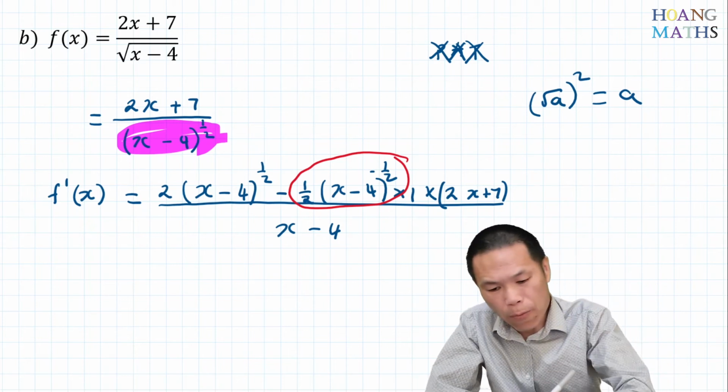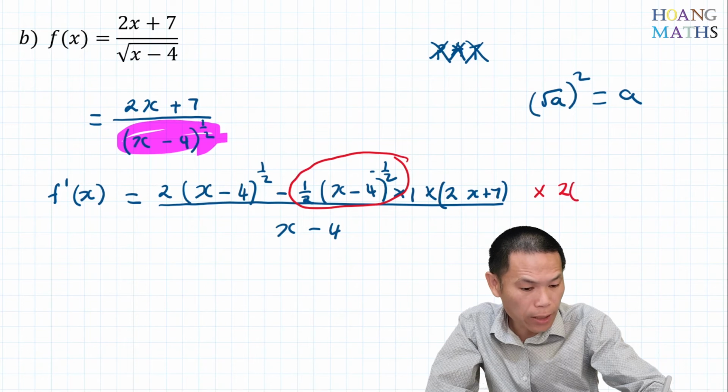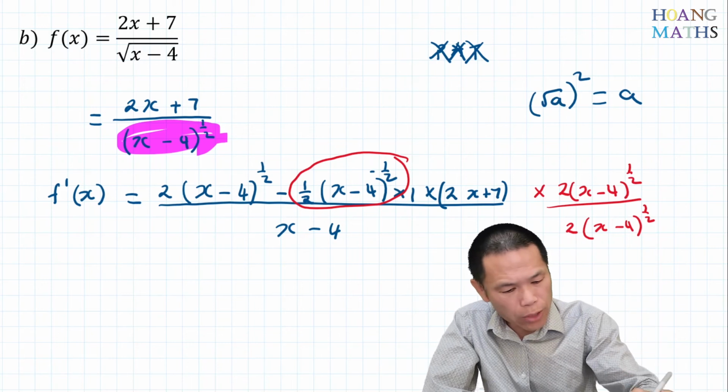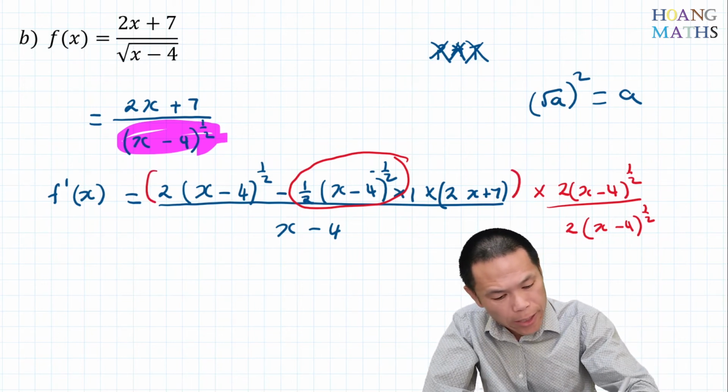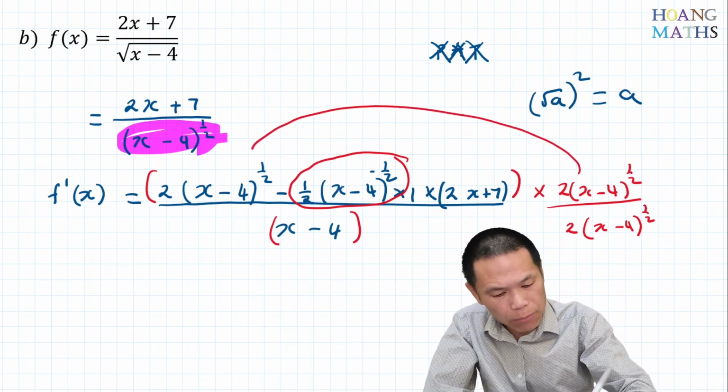So what I do now, okay, I times this by 2x minus 4 power of a half, and the bottom 2x minus 4 power of a half. So now we just time them together. So this is just like this, okay? Like that.